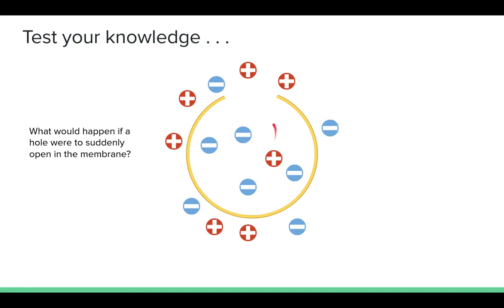And because the inside of the cell has a net negative charge, it's going to attract the positively charged ions outside of the cell. If you wait long enough, there will be a net movement of positive charges from the outside of the cell to the inside of the cell until the net distribution of charge is the same, both inside and outside, meaning that we would be back to where we started with a net 0 voltage difference between the inside and the outside.